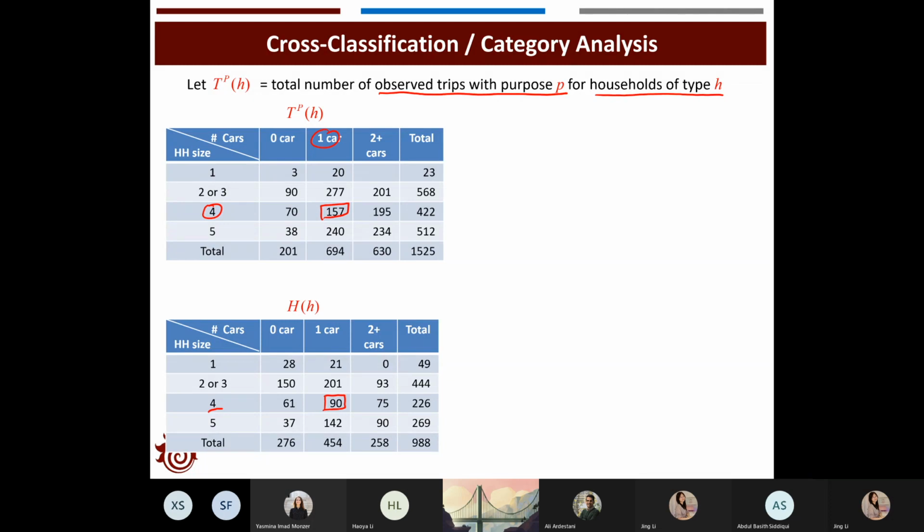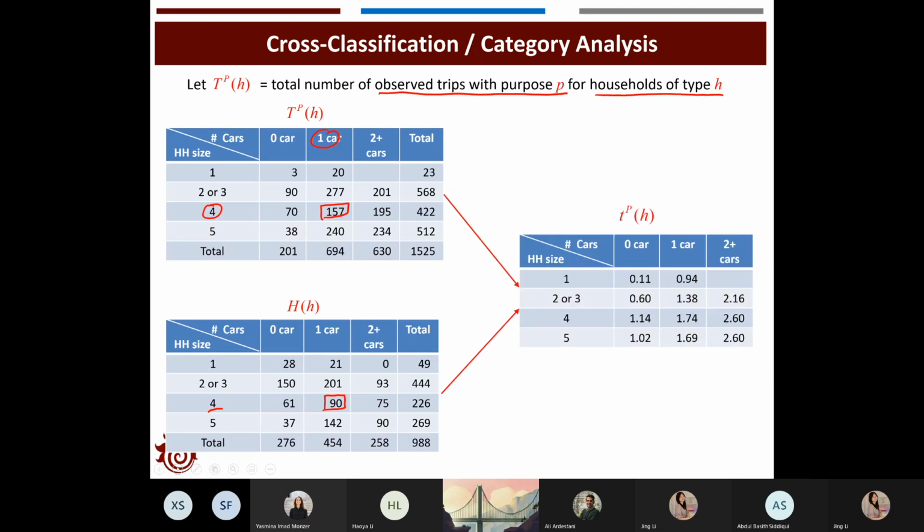If you have these 2 tables, the total number of trips table and the household table, the trip rate is quite straightforward to calculate. Basically, TPH would be the ratio of the total number of trips and the number of households in each cell.